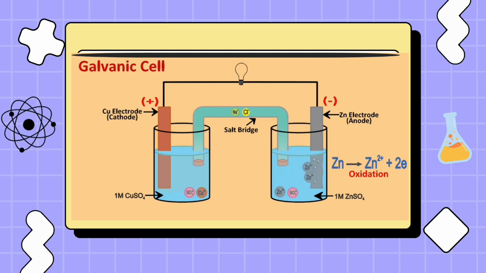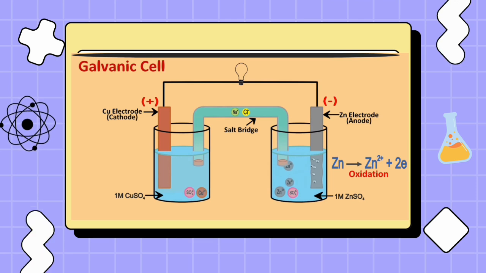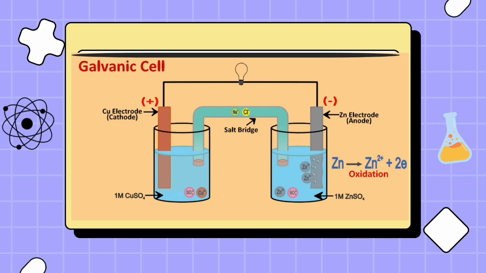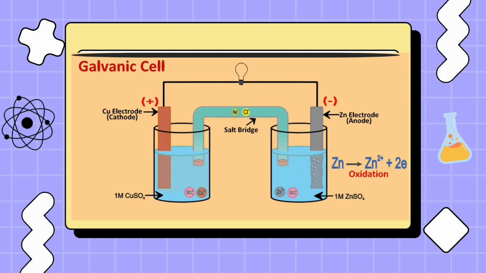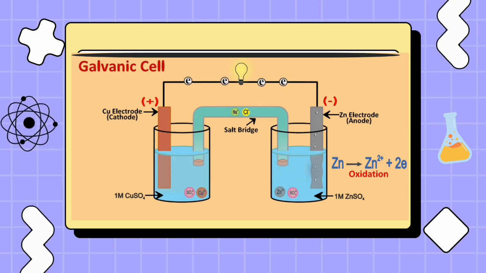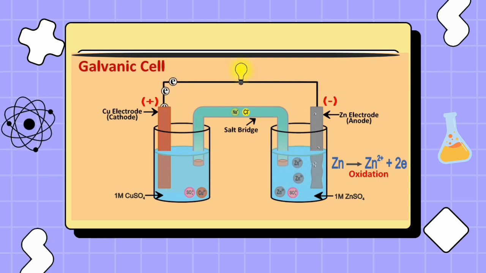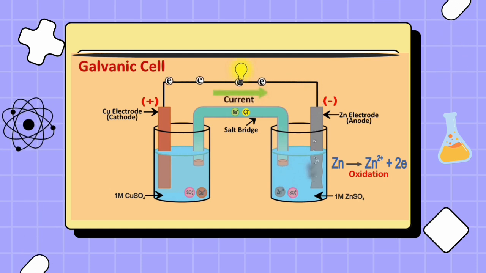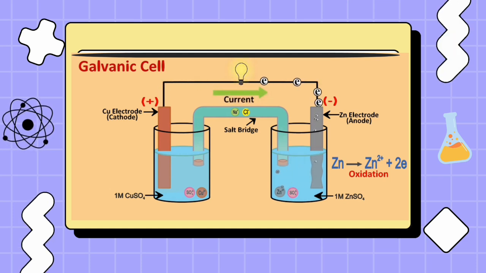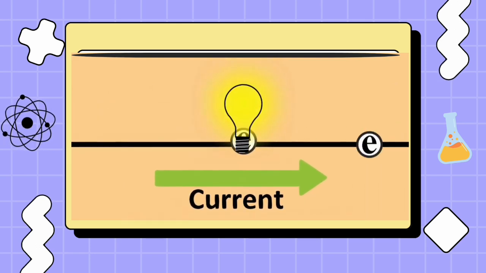Due to the accumulation of electrons at the anode, that is the zinc electrode, the electrons begin to travel to the cathode electrode, known as the flow of electrons, generating an electric current. The electrons which reach the copper electrode combine with the copper 2+ ions in the solution and reduce the copper 2+ ions to normal copper.